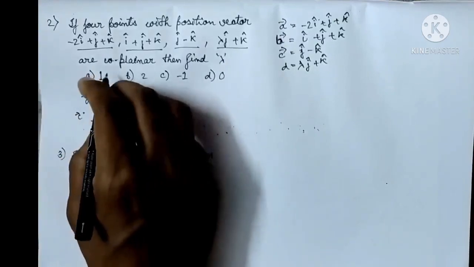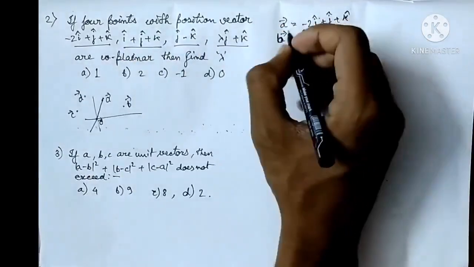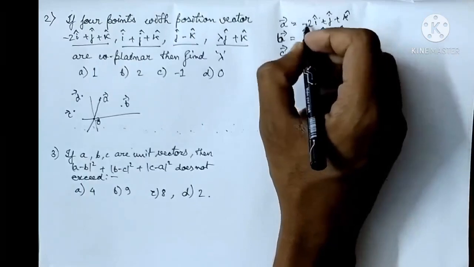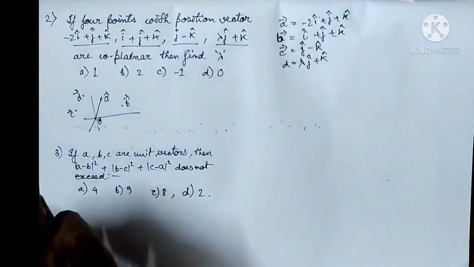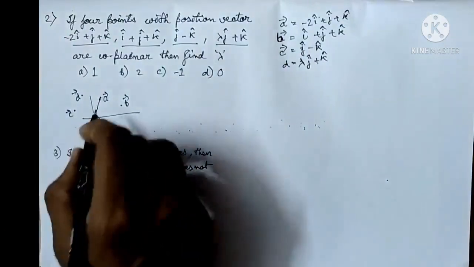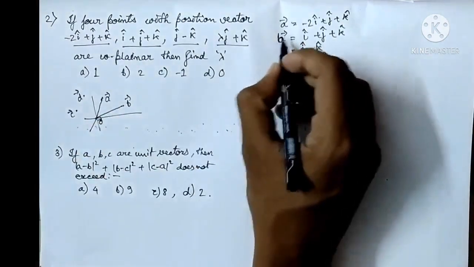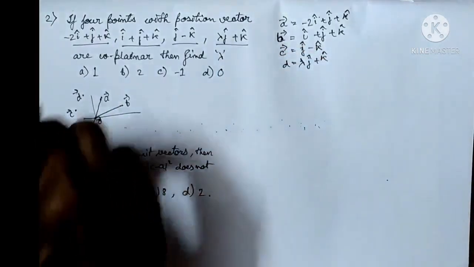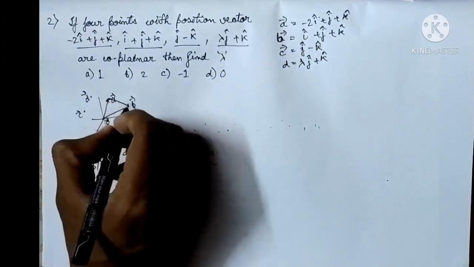This OA vector is the same as that A vector. That vector would give us a line, and this OB is the same as that B vector. Now if we join like this, see, this is OA, this is OB.